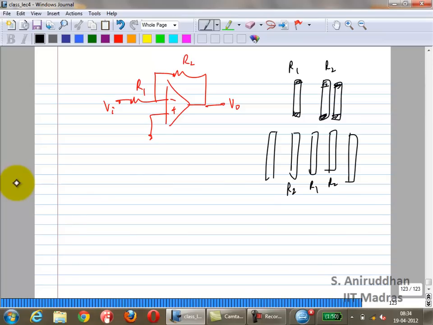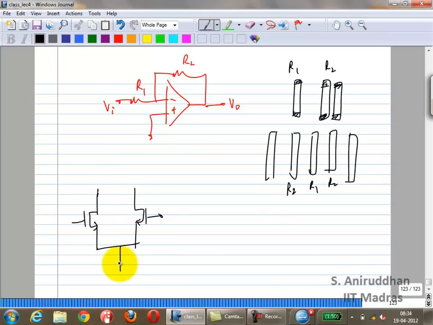Now how about if you have, let us say, if you have these transistors like this is a differential pair. Okay, you want to have very good matching between these two.